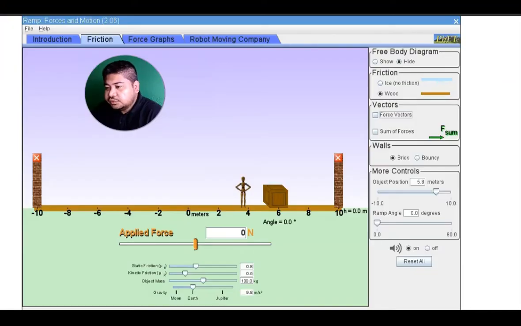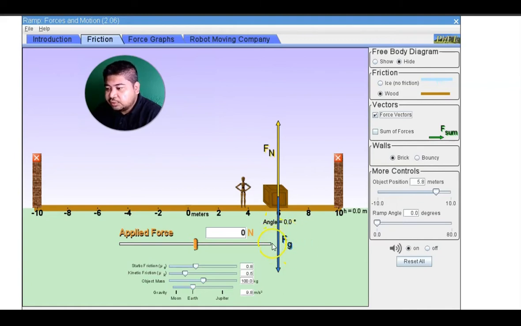Okay, I'm going to use this simulation to introduce to you how we draw the forces on an object. So what we have here is a crate on the floor. And if I take the force vectors, we can see we have two vectors acting on the crate, the yellow vector and the blue. The blue is Fg, the force of gravity, the force exerted by gravity.